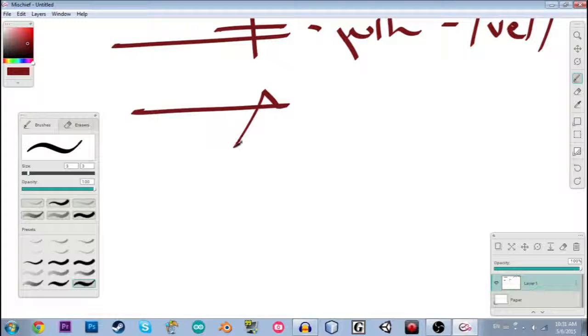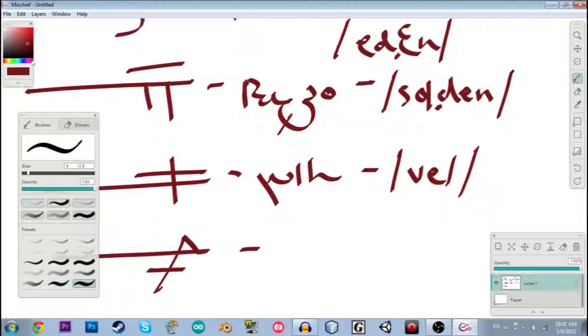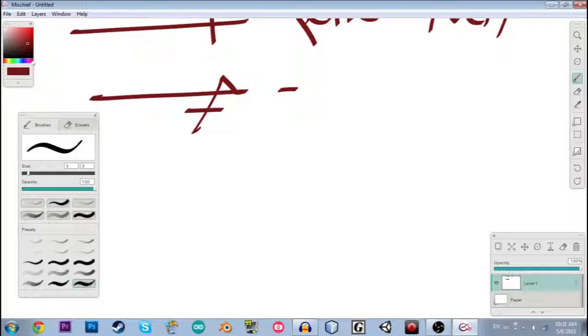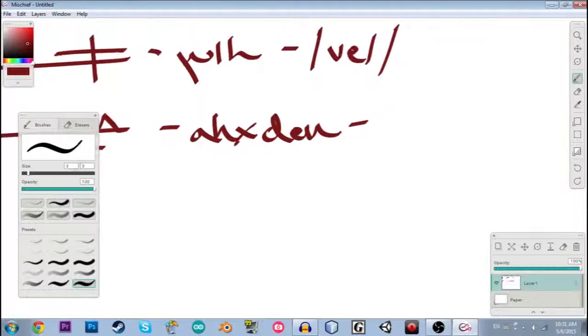Here we've got fury. If you wanted to show how enraged you are. So, oh, I've been skipping the romanizations. I'm very sorry. This would be Axdane. So, romanization.